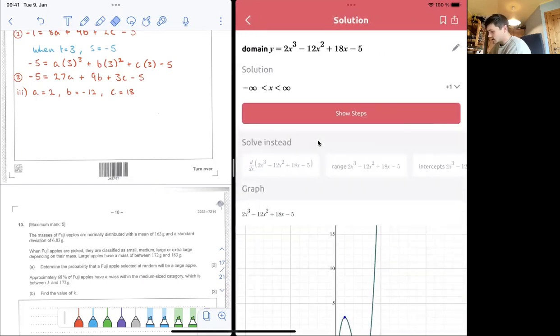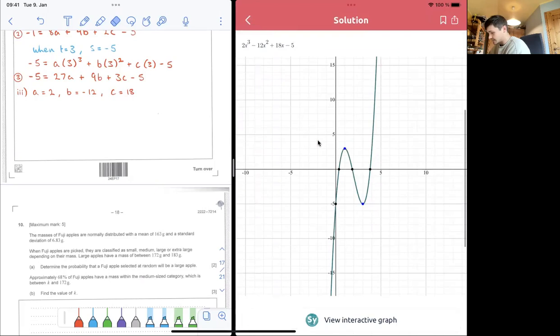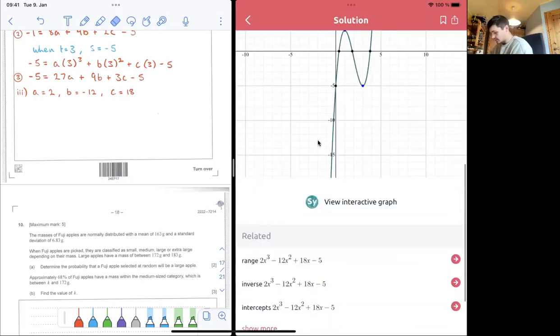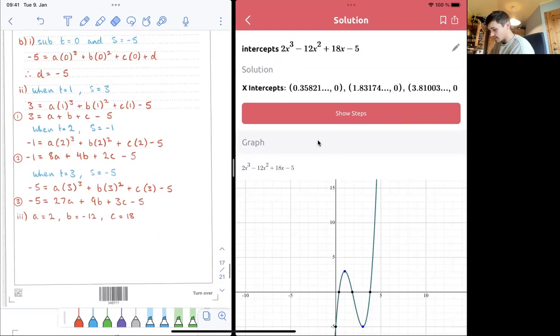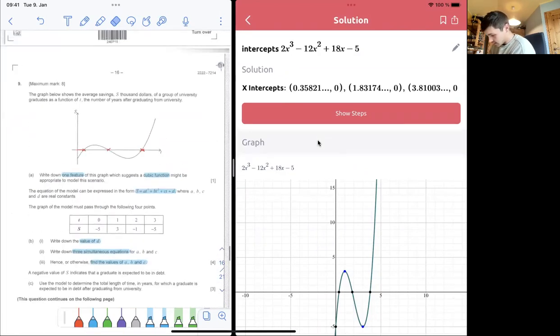Click go. Now that has given me this function down here, and I can go here and say find the x-intercepts, and there I have them. So that's helpful. The first one is at 0.35821. Coming back up to here, that's this one here.